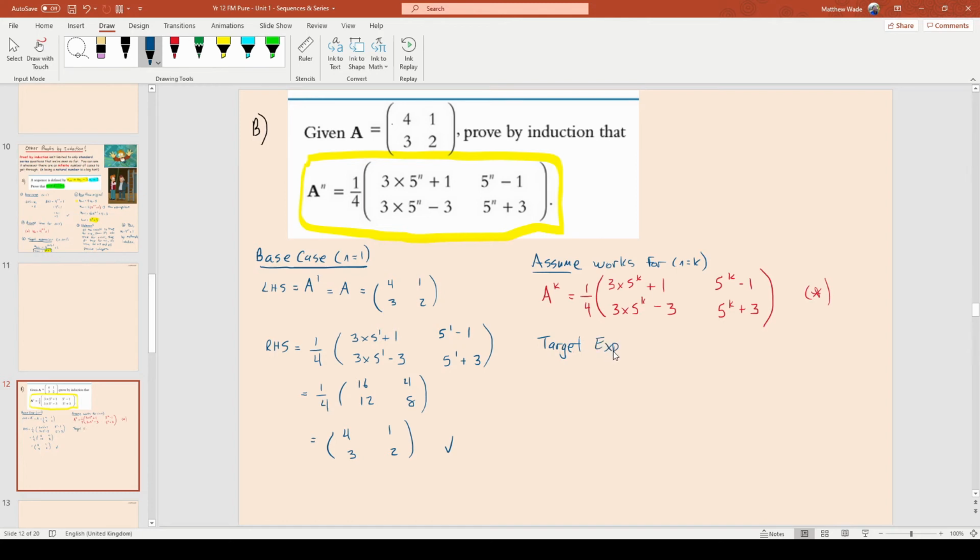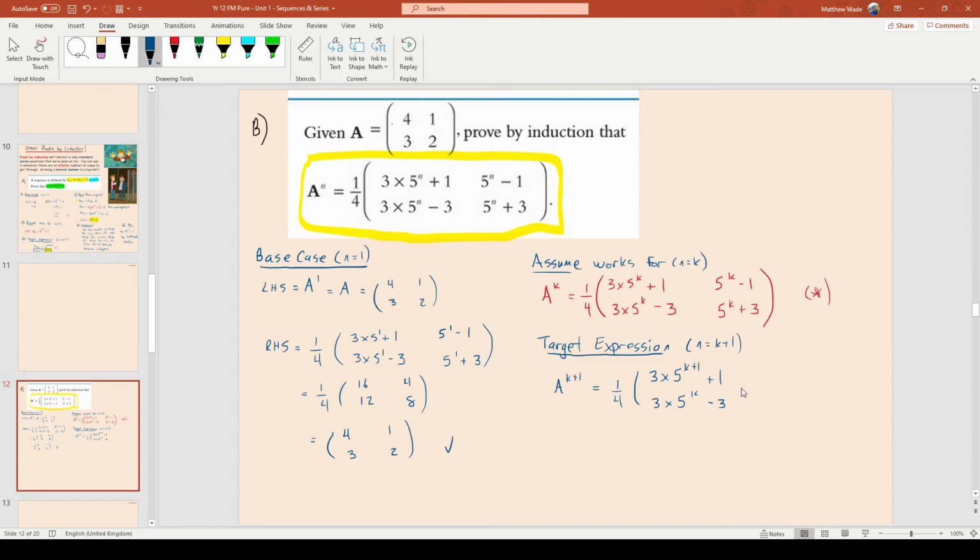Cool. Now, that's basically saying if you did raise it to the k plus 1, what would the answer be supposed to be if the assumption's right? Well, a to the k plus 1 would be, and we're going to use the assumption, what's up there in yellow, a quarter, open brackets, 3 times 5 to the k plus 1 over 3 times 5 to the k minus 3.